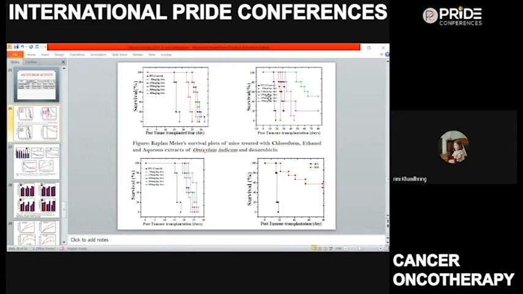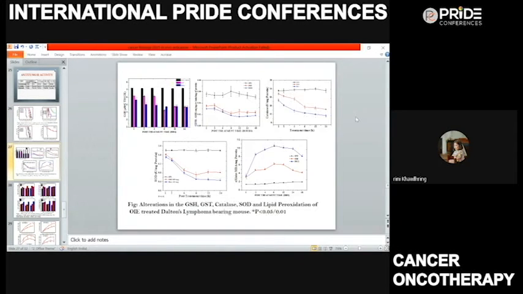Most of the mice, all of them, do not survive beyond 20 or 21 days. But in case of treated mice, the survivability was prolonged, and the lifespan was longest in case of 300 mg per kg body weight of ethanol extract. So this dose was chosen for further experimentation.